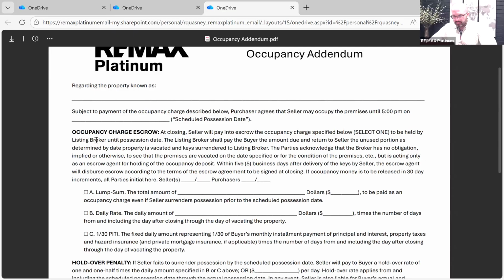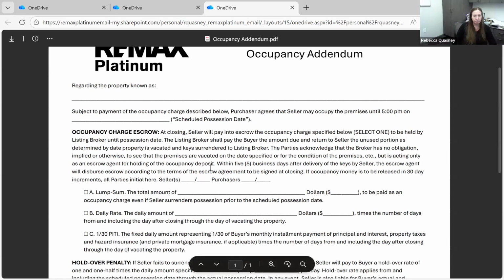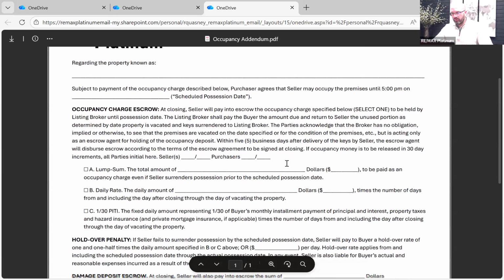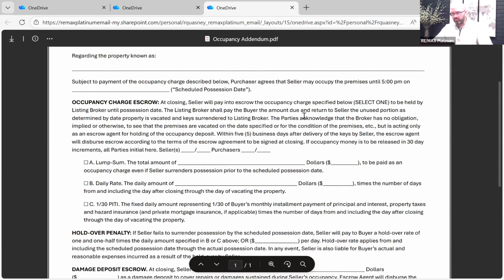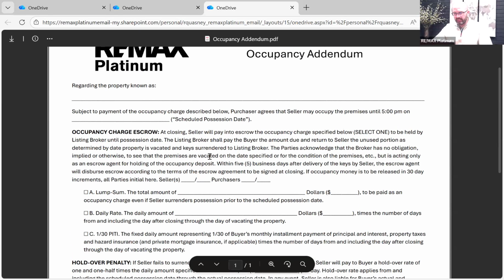And then all right, so then within 5 days after delivery of keys. So the sellers can know that when they turn in the keys, what the escrow agent is doing is making note of whatever day the keys are acquired. Keep in mind, this is where the sellers are agreeing to actually physically give keys over to the listing agent and or broker. So just stopping by the office and turning in keys, not just saying, hey, I'm out, there's a lockbox on the door.